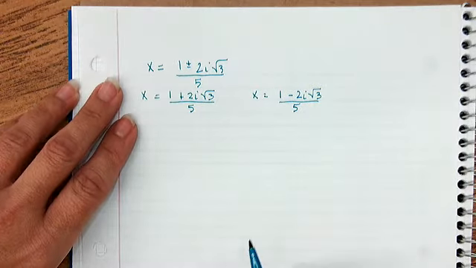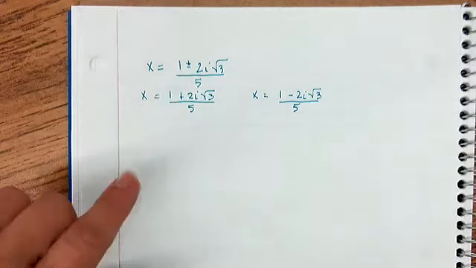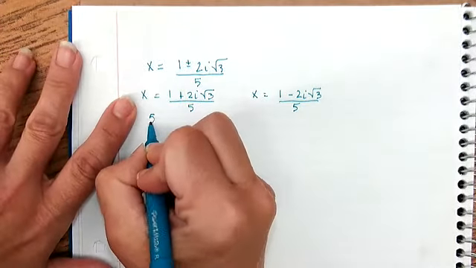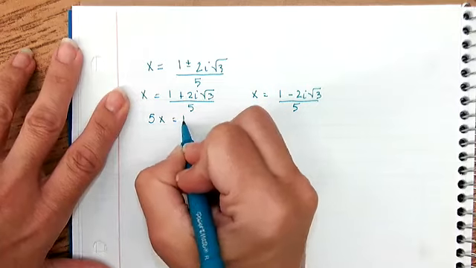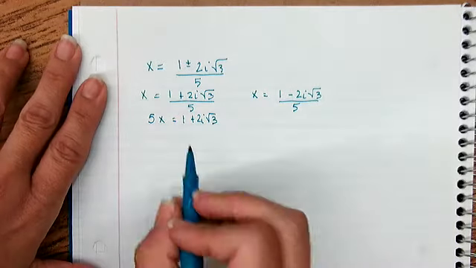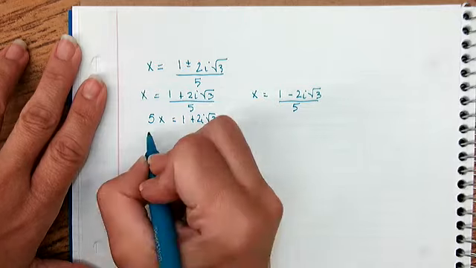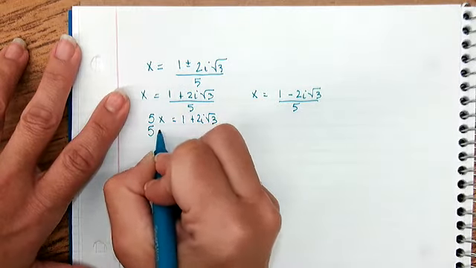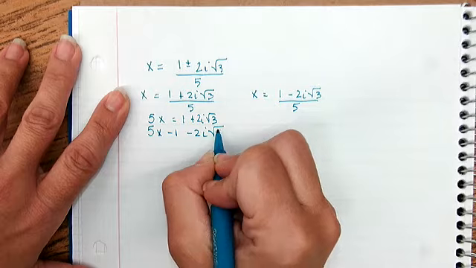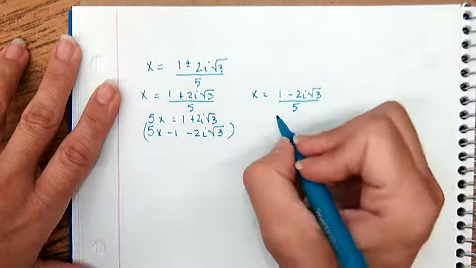So you don't just subtract the whole fraction. No. Multiply by 5. Subtract 1, subtract 2i root 3. So as a factor, this is 5x minus 1 minus 2i root 3.